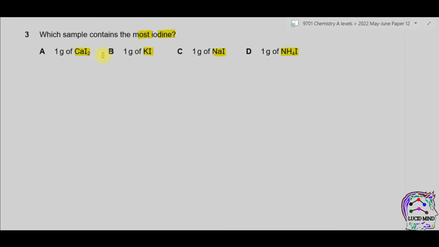For the mass of an element in a compound, we need to find out the mass of iodine in each compound. For this, we can use a formula.